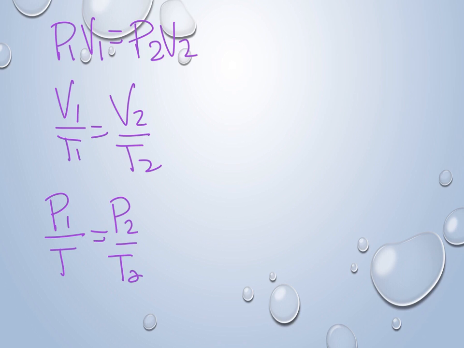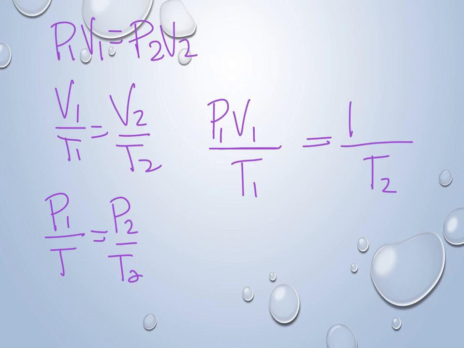So what we're going to do is we're going to combine all three of these equations. If you look, something that's common is they are all set up as something equal to something over another fraction, okay? So your pressures are always on the top, your volumes are always on the top, and your temperatures are always on the bottom. So in the combined gas law, we're going to put our temperatures on the bottom and our pressures and our volumes on the top.